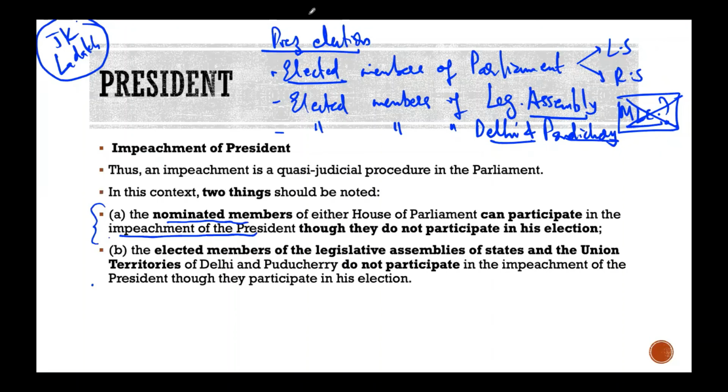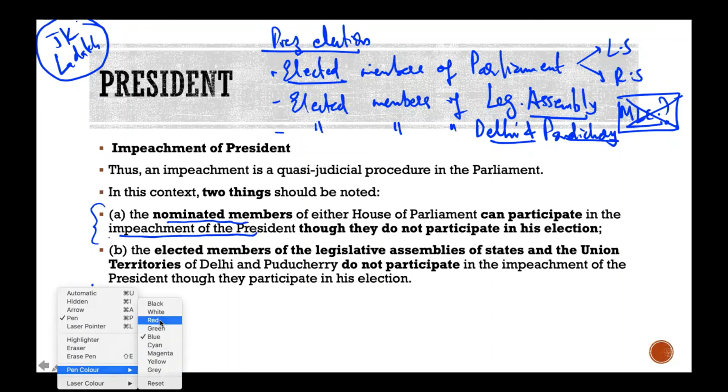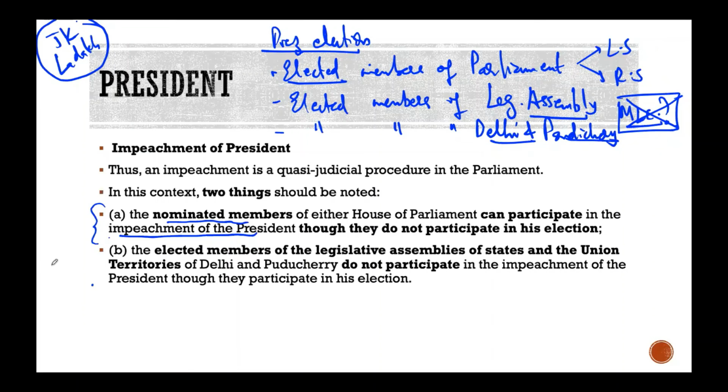The things that you have to keep in mind are who participates in electing and who in removing. Remember these. This is something you have to keep in mind.